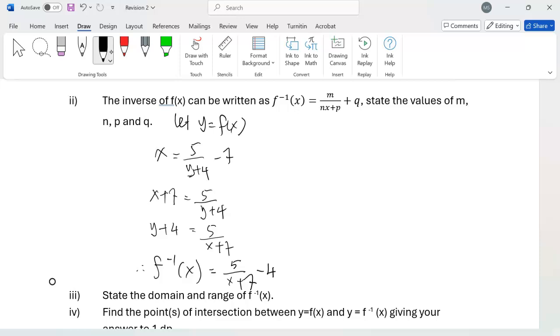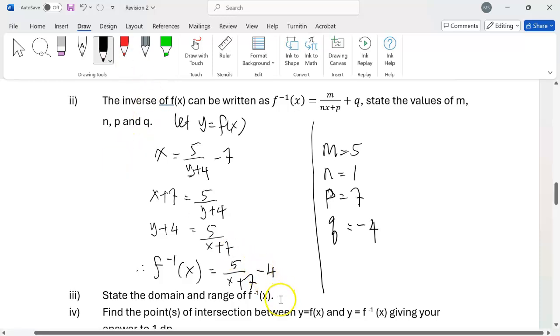Then you are asked to state the values of m and so on. So m equals 5, n equals 1, p equals 7, and finally q equals negative 4. Make sure you give the values. If you stop there, you will not get the marks.